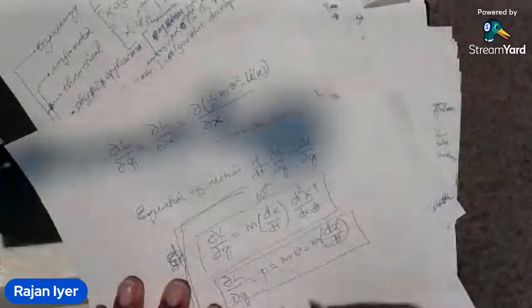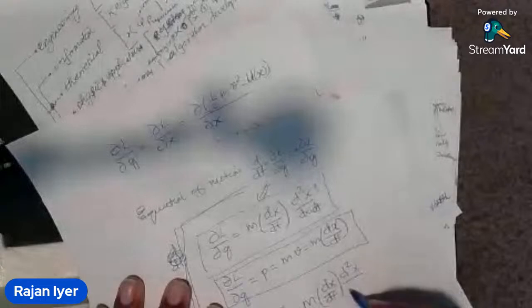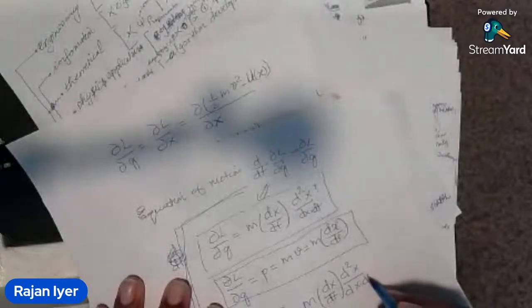This is why people use prime and things like that, but I like to keep it like this. The prime also sometimes gets confusing. So del L over del Q is m dx by dt. This is laying everything out. I'll put a question mark there because you are taking a partial.